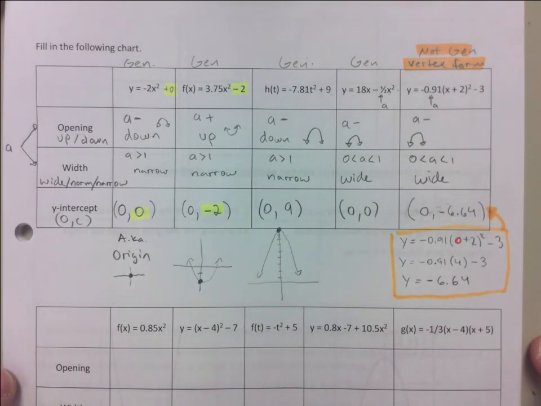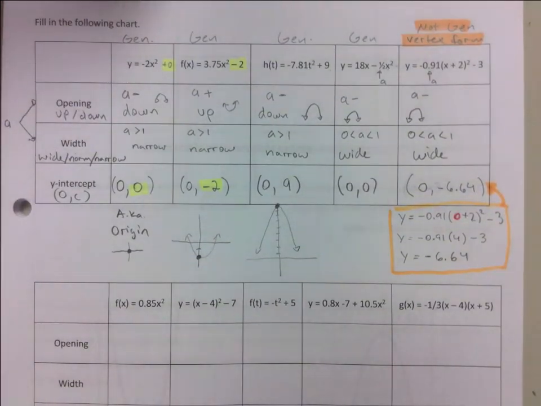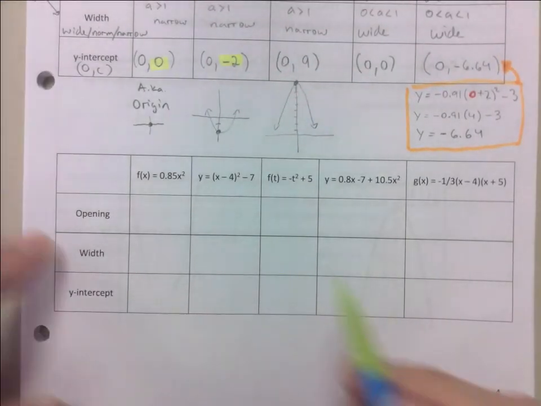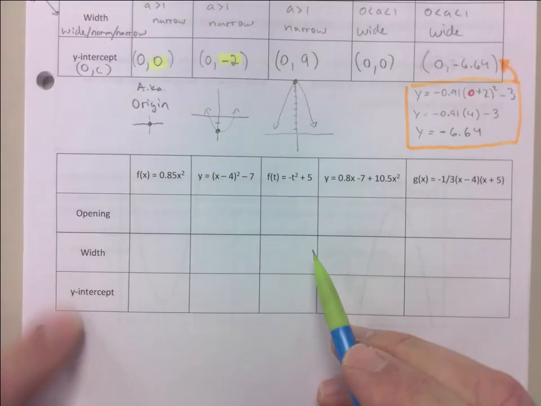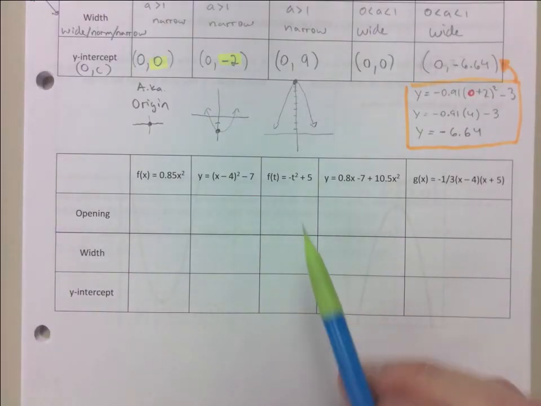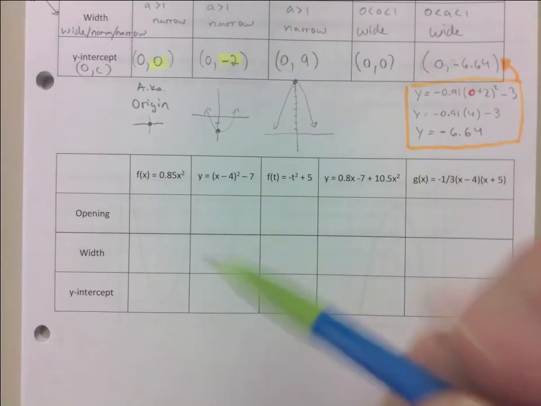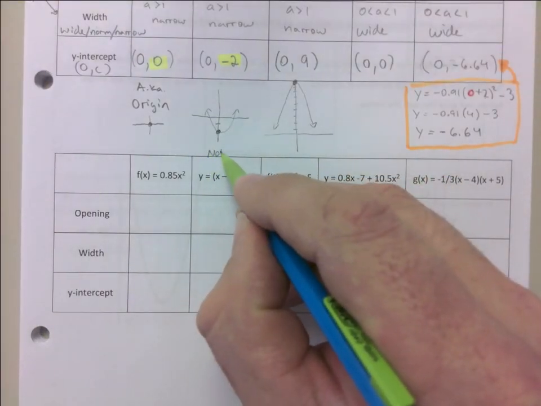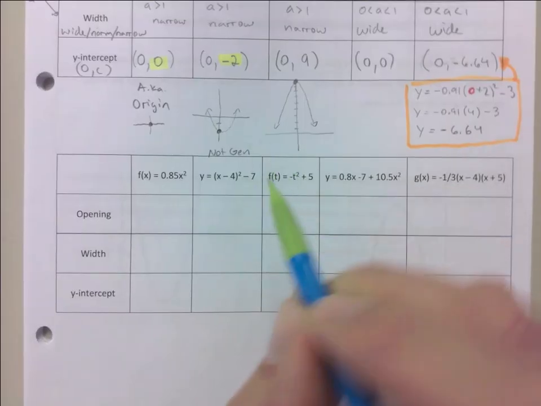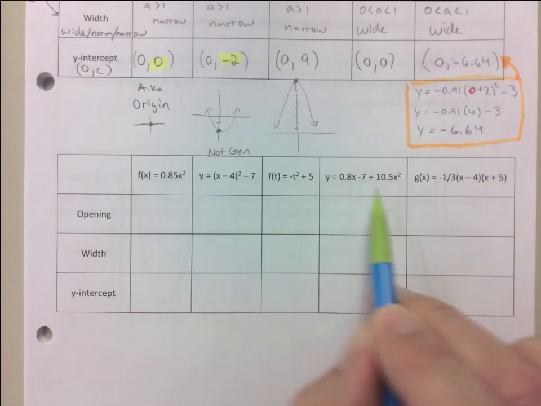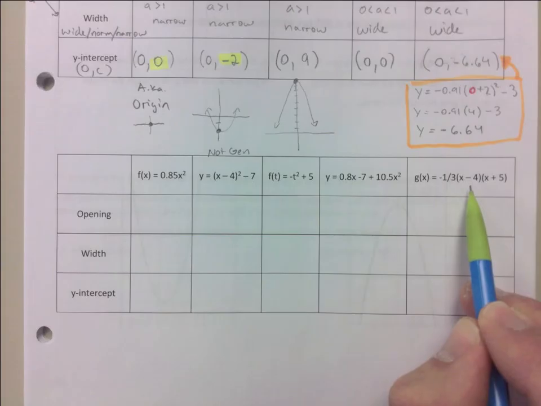All right. This is your first piece of the homework for tomorrow. I'm going to continue though. I want you to fill in this table. Real quick. Is this general? First one? Yes. Second one? Nope. So you go not general. Is this one? The third one? Yes. The fourth one? Yes. The last one?